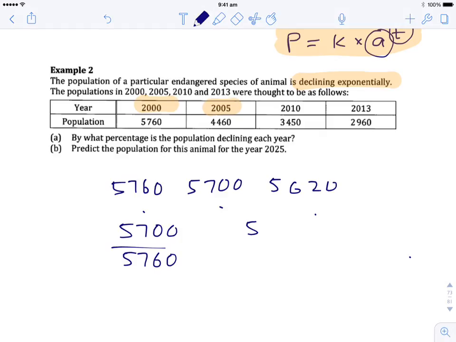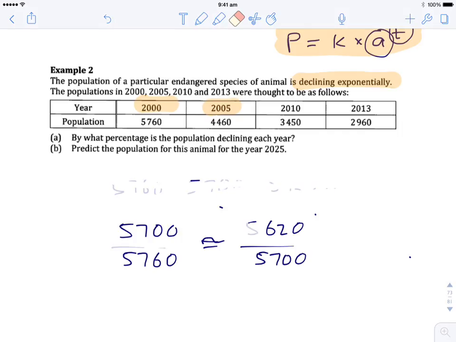Then I divided the third term by the second term, and hopefully those two should be approximately the same thing. From the last video it was around about 2% or 1.02 each time, which showed we're going up by 2%. We'd expect the same thing here, that you're multiplying by the same thing each time to get next year's number. Now in this case we've gone 5 years.